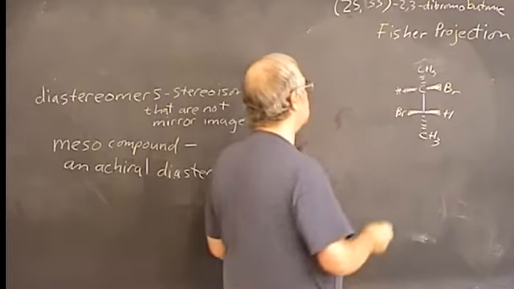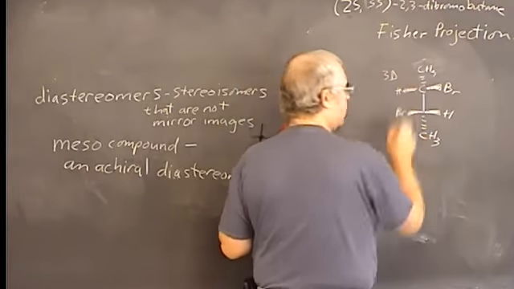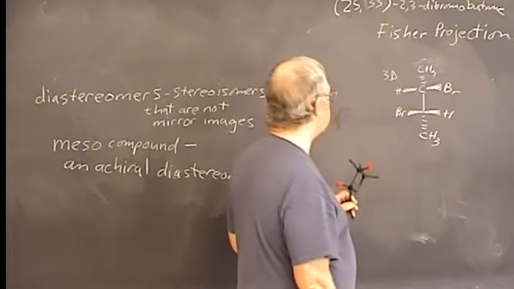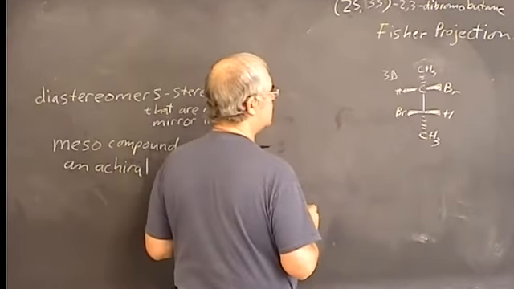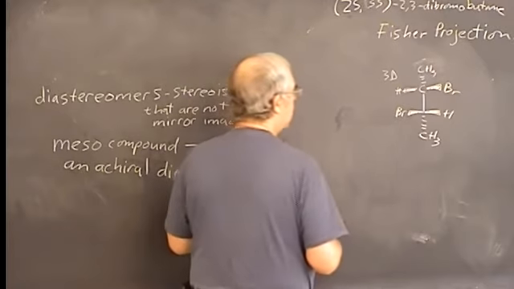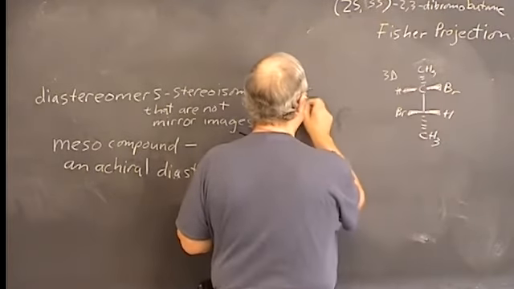Okay, that's a 3D drawing. Then the Fisher projection. Okay, what we would do is for every chirality center, we would blank that out.